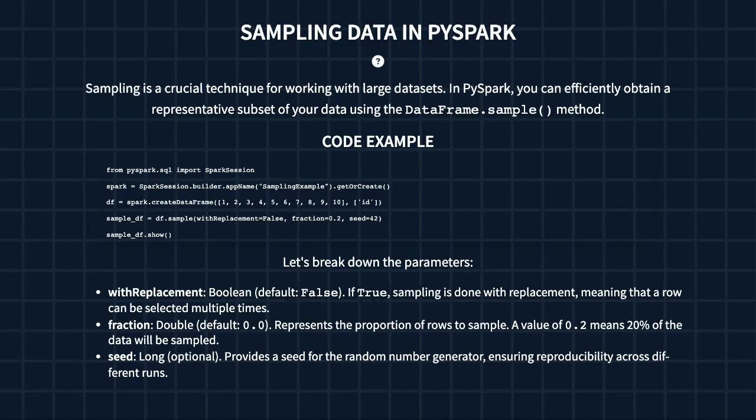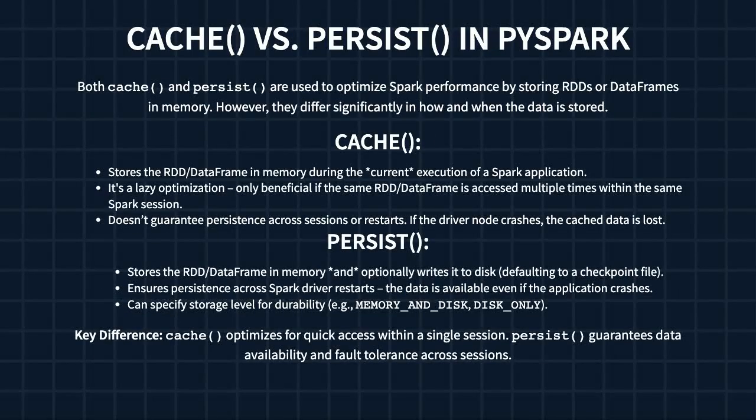For example, if you set it to 0.2, you'll get approximately 20% of the rows. The withReplacement flag controls whether a row can be selected more than once, useful when you need a truly random subset. And finally, setting a seed ensures that your sampling is consistent across runs, which is really important for debugging and reproducibility.